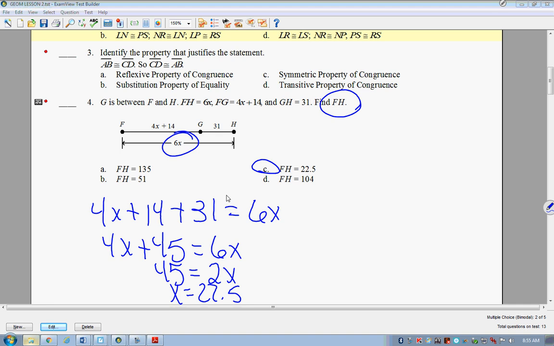Plug in x. x is 22.5. 22.5 times 6 comes down to what? 135. Is that an option? It is. So just because you see a number that shows up in the work doesn't mean that it answers the question. Be careful with that.